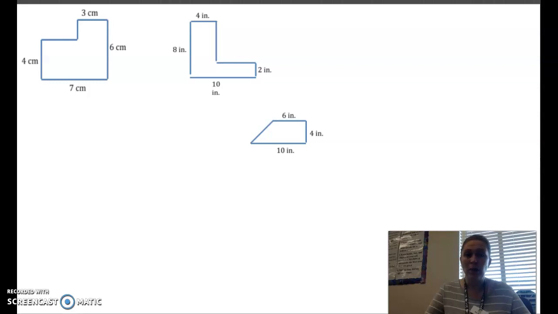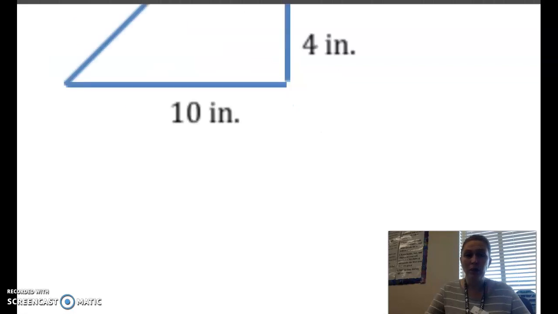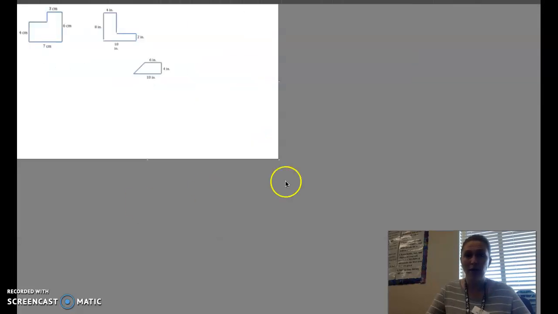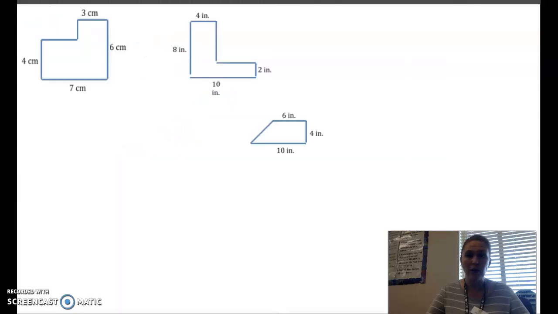So you guys remember perimeter. Perimeter is when we're talking about the distance around a shape. So perimeter we use for things like fences.